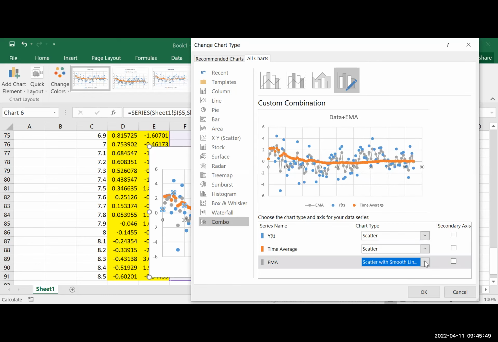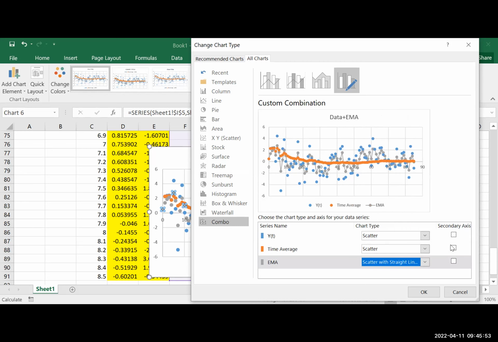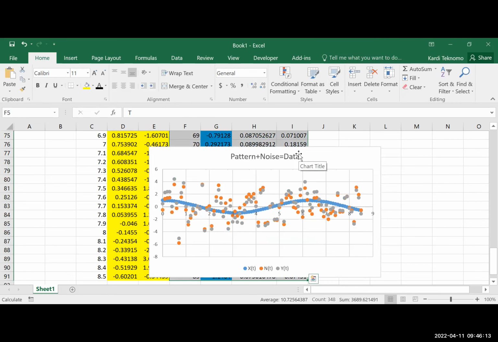You want a smooth line or not smooth line? That's fine. Click OK. There. And to remove your noise, I will remove the time average. There. Okay. Let's put it up.